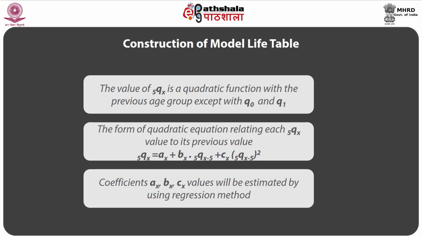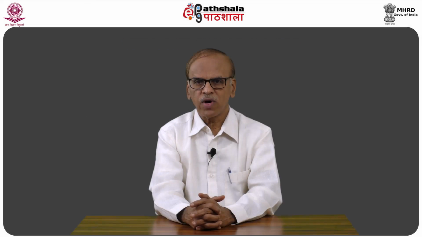Construction of model life table. The coefficients ax, bx, cx values will be estimated by using the regression method. The 5qx values corresponding to any 5q(x-5) values can be computed through the different second degree chain relationship parabolic regression equation between the life table death rate 5qx and pairs of adjacent age groups.